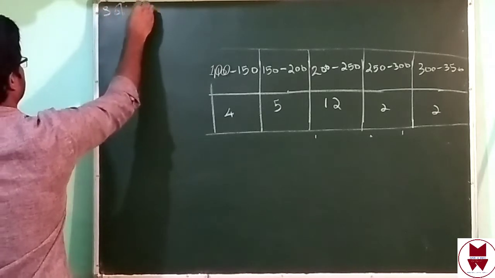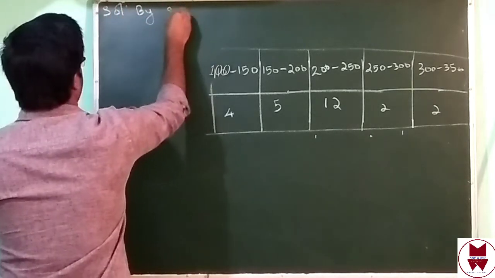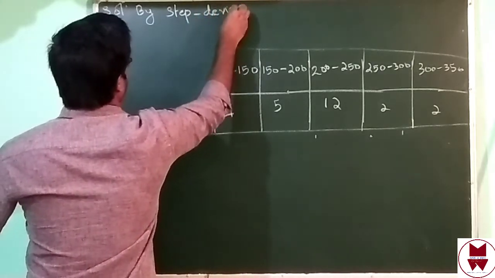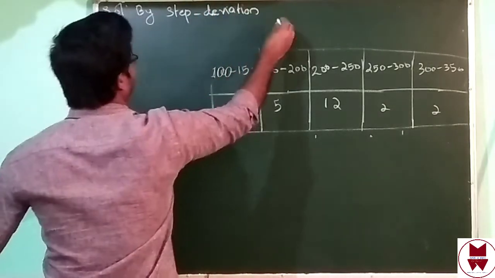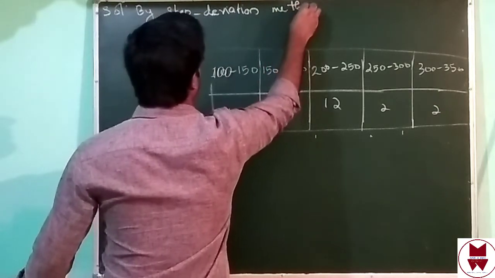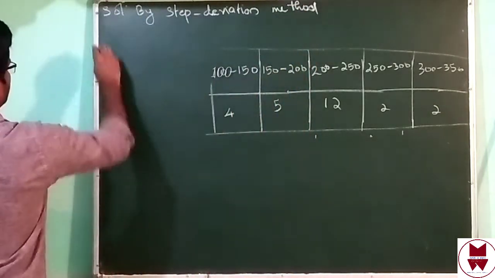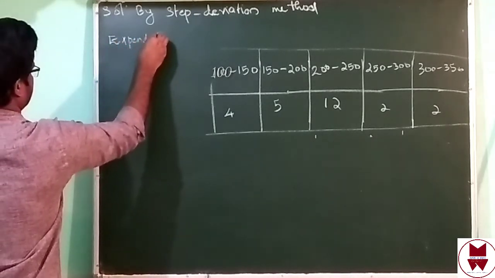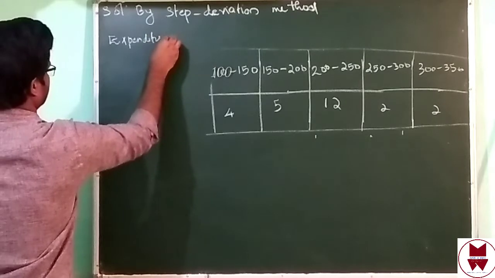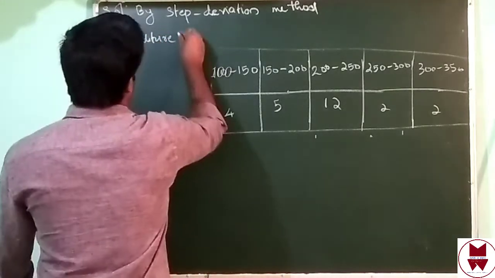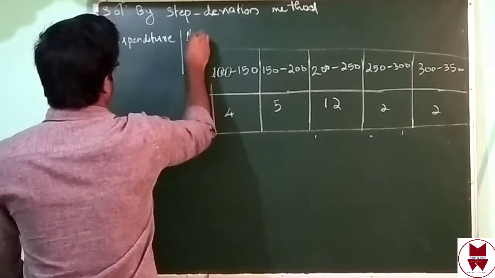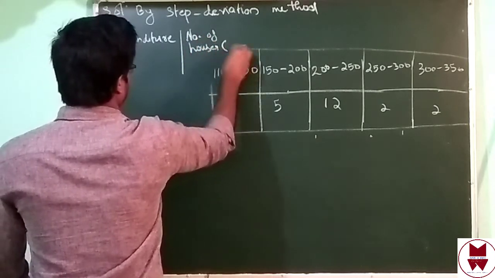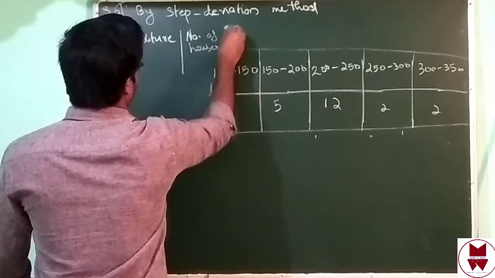Solution by step deviation method. First, expenditure. In the second column, number of houses. That is f_i.